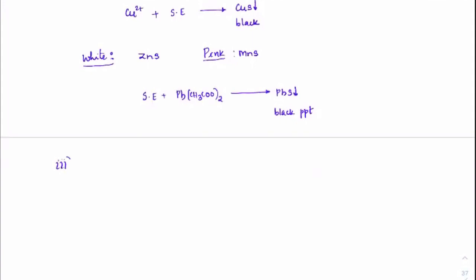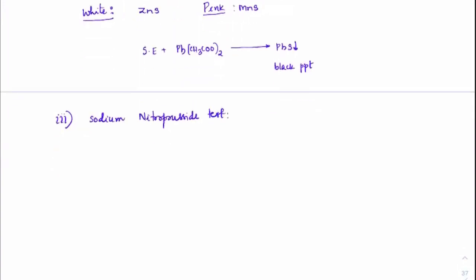Now this is one lab test which we can do, which is a precipitate test. Got it? The other one is a complex formation test, also known as the sodium nitroprusside test. So we take the sodium extract and add it to Na2[Fe(CN)5NO]. NO is also a ligand. Please don't panic about what these complexes are.